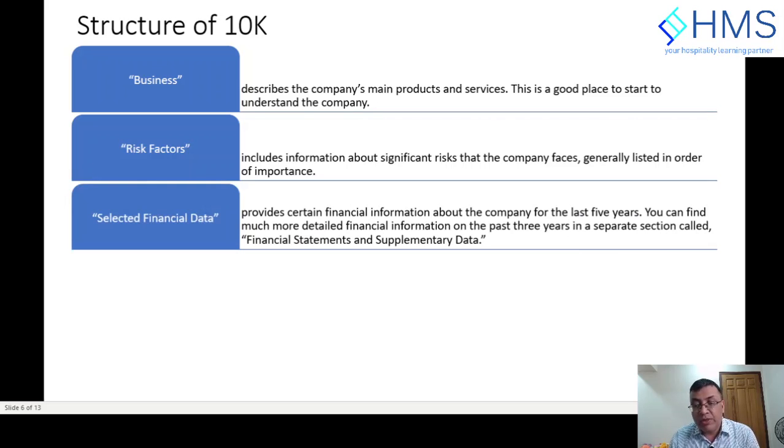This usually provides the last 3 to 5 years, and you will be able to get much more detail in the actual financial statements. Here the company chooses what data it wants to provide to give a better understanding of its financial position.